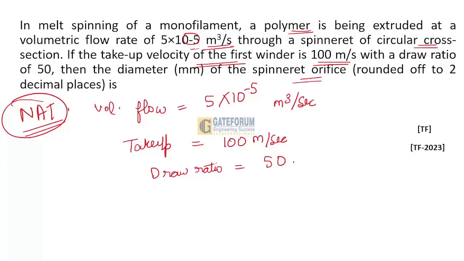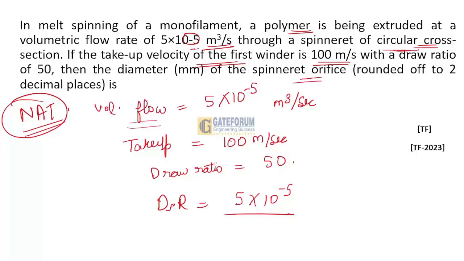If this is a circular cross section area, then to calculate the draw ratio, the volumetric flow is given, and I have to calculate the volume of this. The draw ratio is this volumetric flow, given as 5 into 10 to the power minus 5, upon the volume of this orifice, this spinneret circular cross section area.